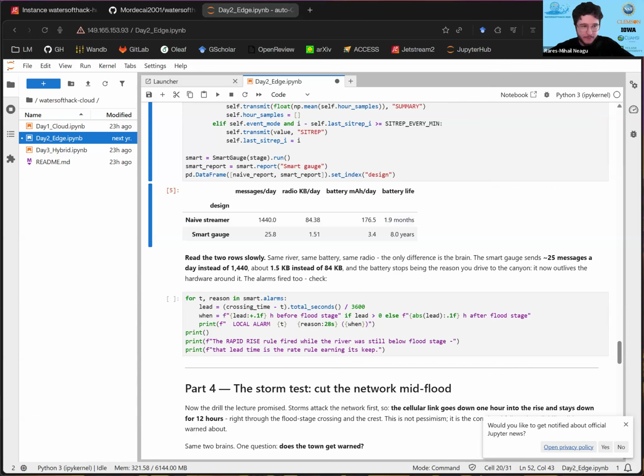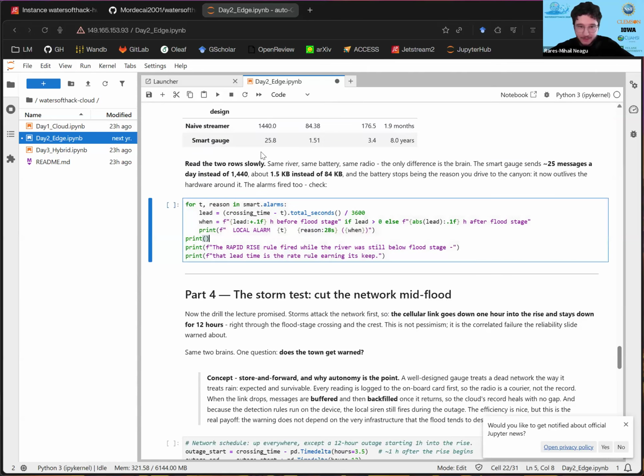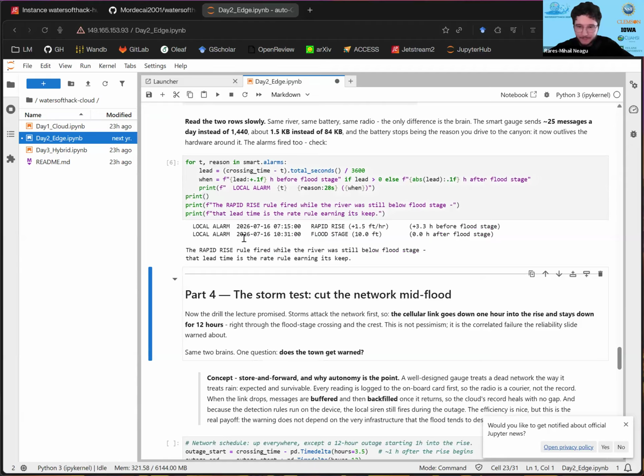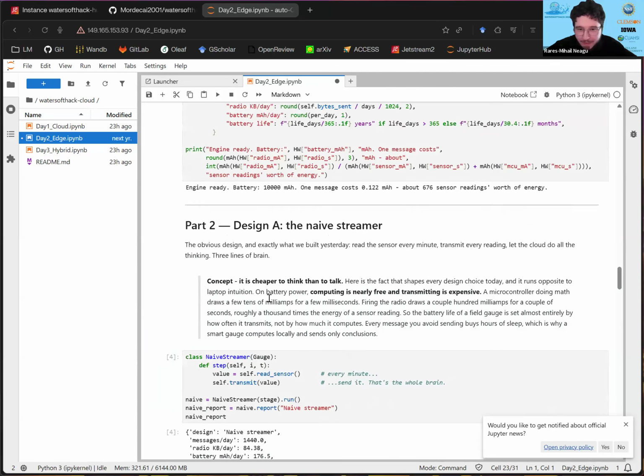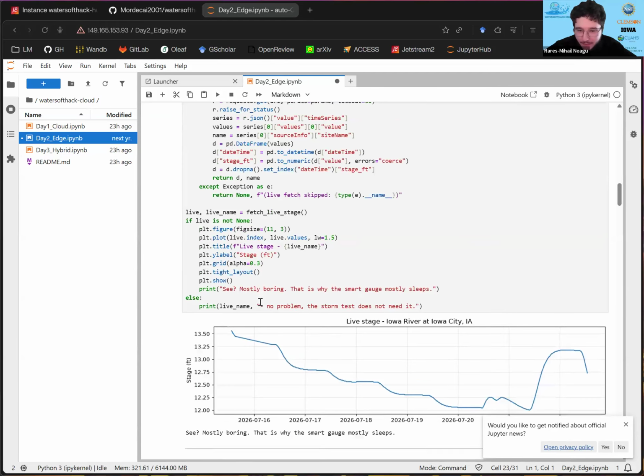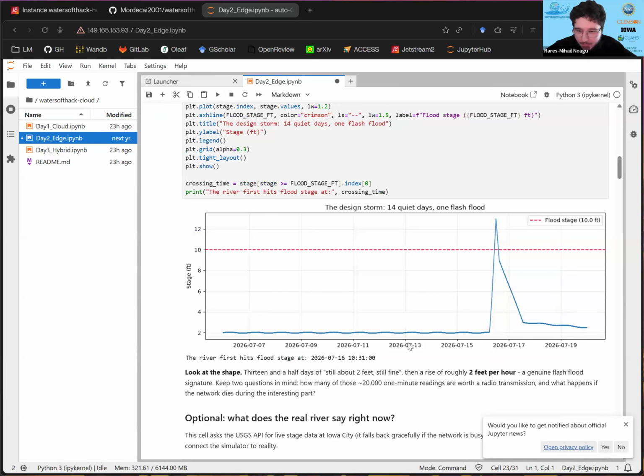All right. Let's also run this code and see what it does. We have the local alarm fired at 7:15. Let's see, when is that? Around here, basically.